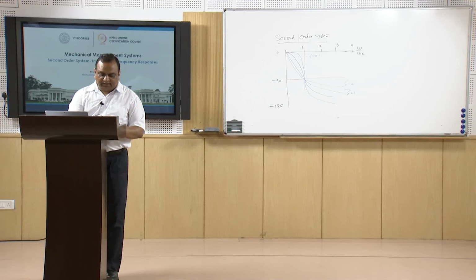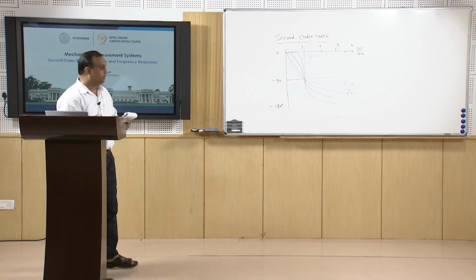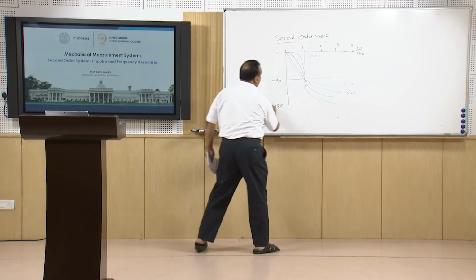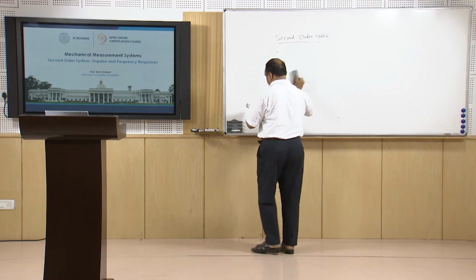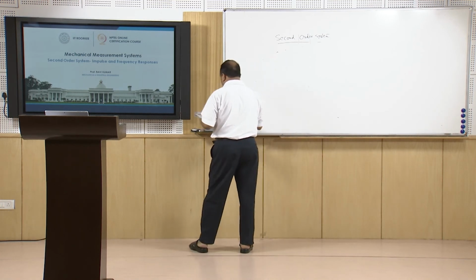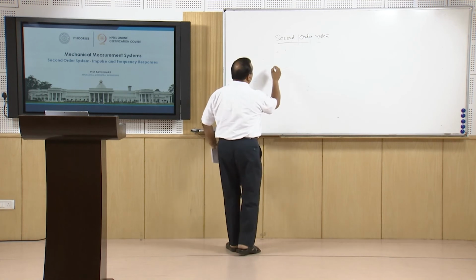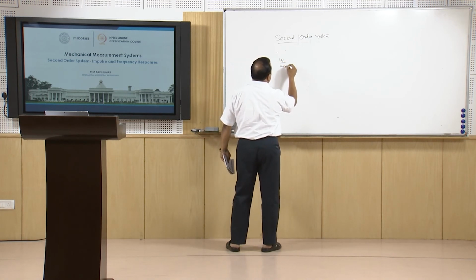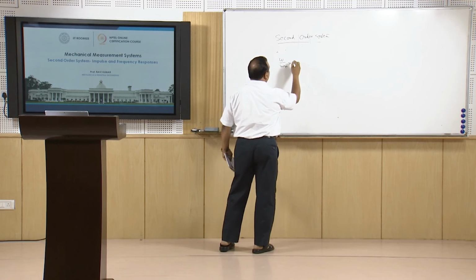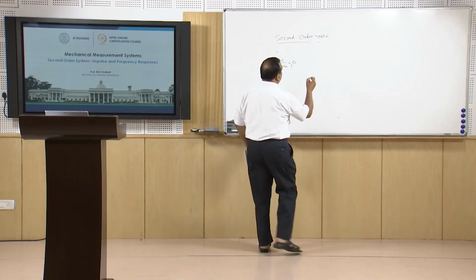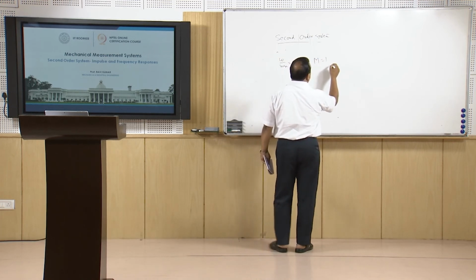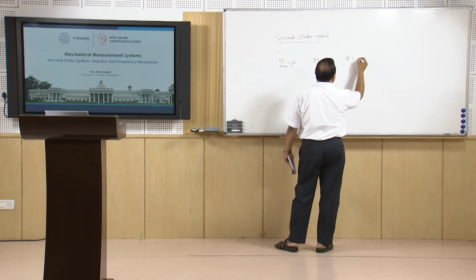Now if we take certain critical points for a measuring instrument, suppose omega by omega n is equal to 0. When omega by omega n is equal to 0, m is going to be 1 and phi is going to be 0.